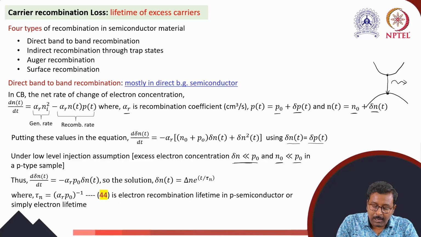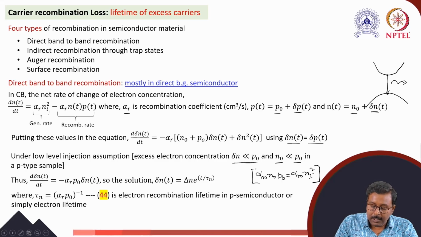Actually d/dt of n(t), that is n0 plus delta n(t); d/dt of n0 is zero since it is constant, so d/dt of delta n(t) will remain, that is here. And on the right hand side, one term will appear, alpha_r into n0 into p0, and you know alpha_r n0 p0 is equal to alpha_r ni square, because the n0 p0 product is nothing but ni square.